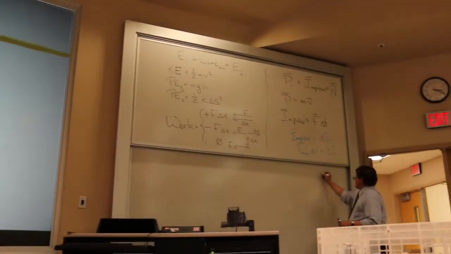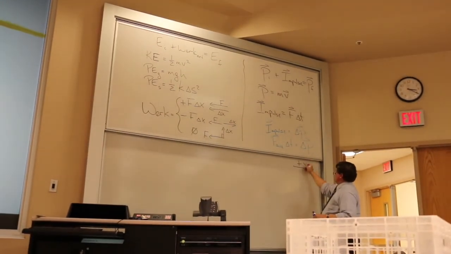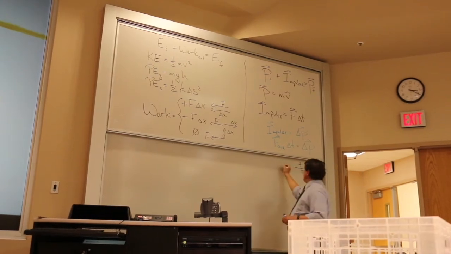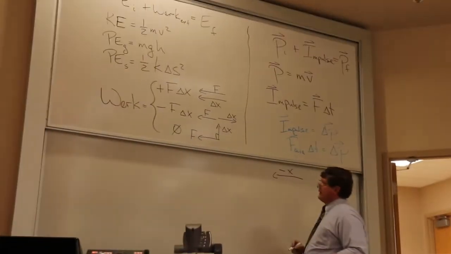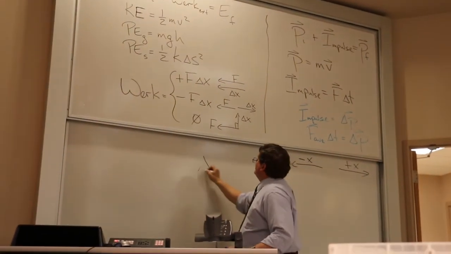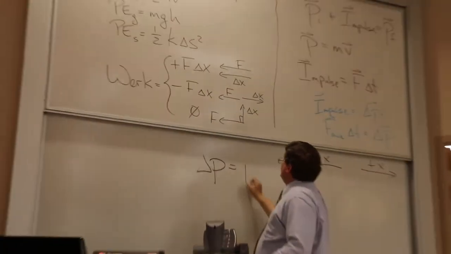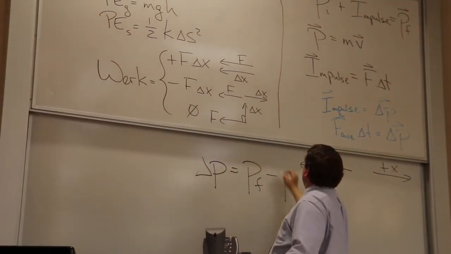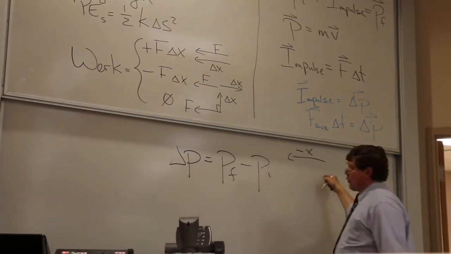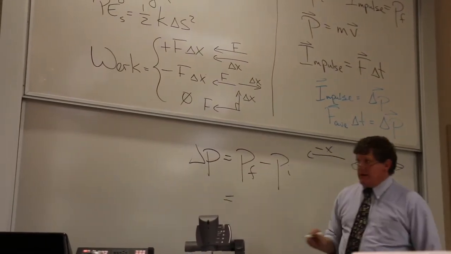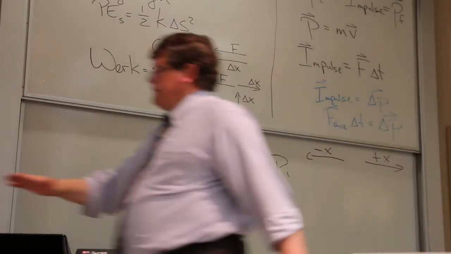Now, if we wanted to do that with mathematics, we would set up a coordinate system where if we call the right positive x and the left negative x, well then our change in momentum would be final minus initial. And in this coordinate system, my final momentum is after the bounce.